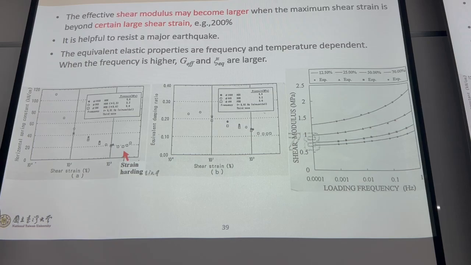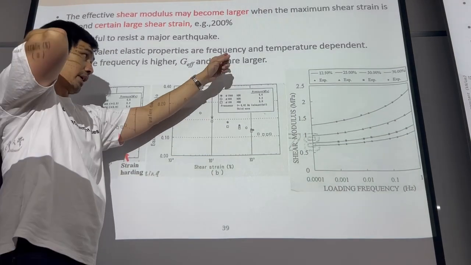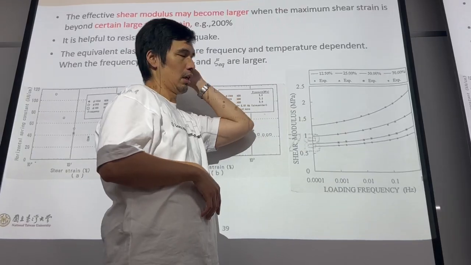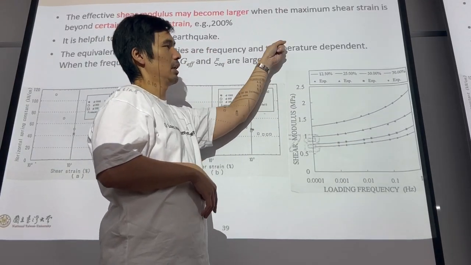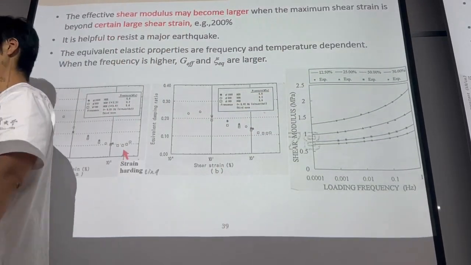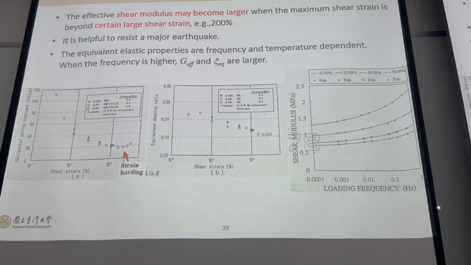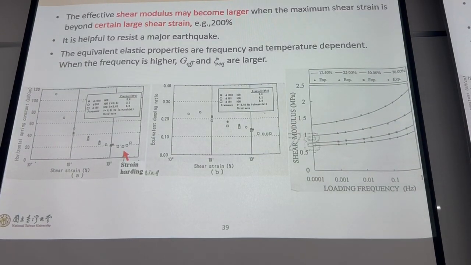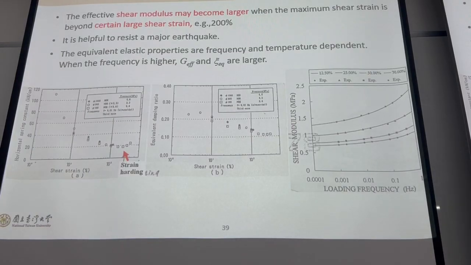Okay? And also remember it's frequency dependent, more like a VE material, and also the temperature effect is quite important, just like a VE, for this high damping rubber barrel.